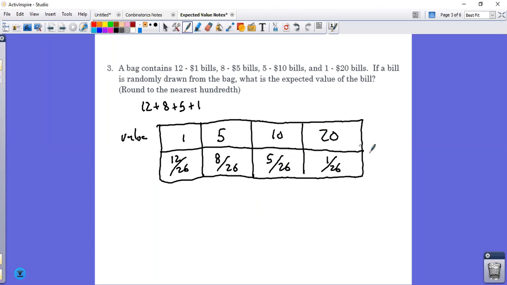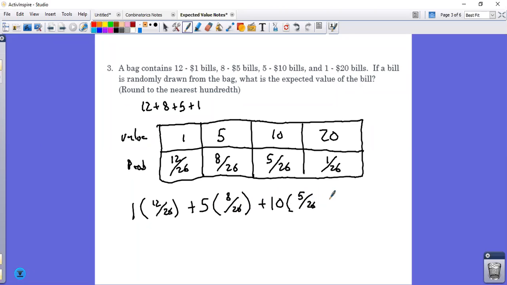So once you have your bills, your probability that you draw each bill, the expected value is the value times the probability. Getting a $1 bill, the probability is 12 out of 26, plus the $5 bills, the probability is 8 out of 26. Getting a $10 bill, the probability is 5 out of 26.